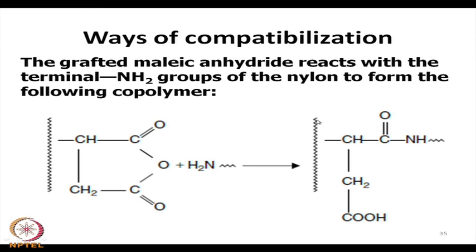So, this is the EPDM chain to which maleic anhydride was grafted, and this amine group of the nylon chain, this side contains the rest of the nylon molecule. Here, through such an amide linkage, a permanent covalent linkage, this kind of system is compatibilized. So, nylon 6,6 becomes compatibilized with EPDM through such maleic anhydride grafting.